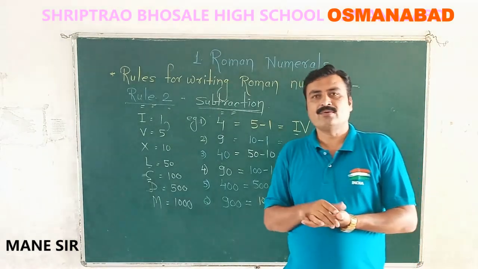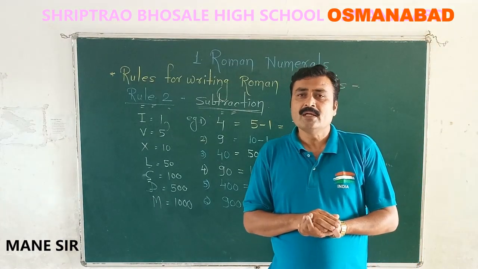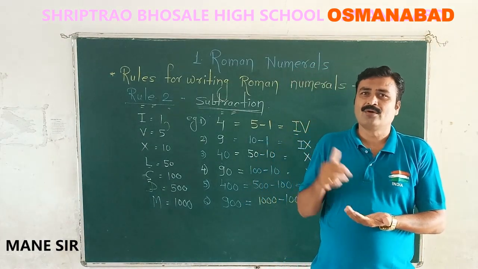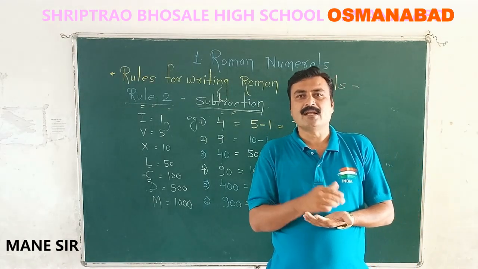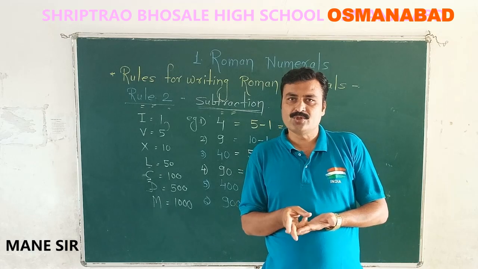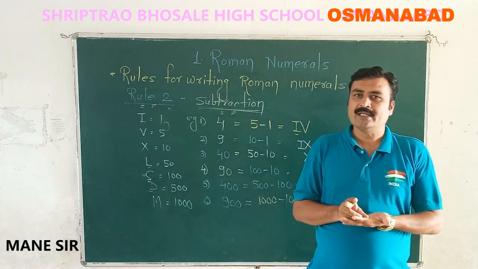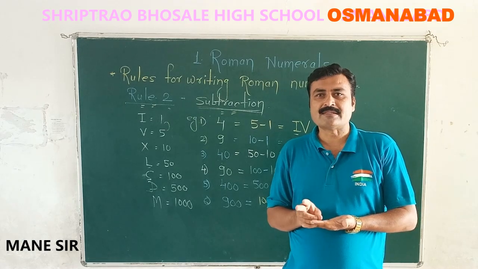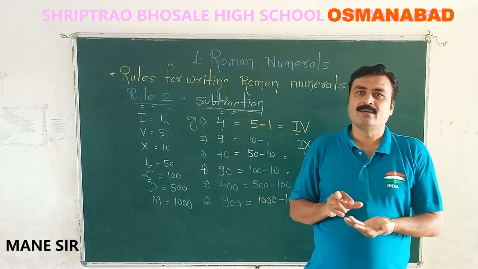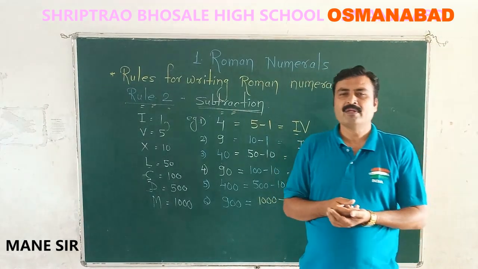Now today we are going to continue the next part of these Roman numerals. Yesterday, in the last video, number 2, we explained the first two rules of Roman numerals that we use for writing numbers in Roman signs.